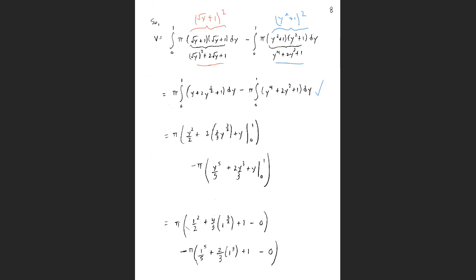Then this is just basic integration, stuff you learned in Calculus 1. You get your antiderivatives, substitute in 0 and 1, and work it out. Just be careful about what you're plugging in there. When I plug in 0 in the antiderivatives, I'm just going to get 0, so I put a 0 there and a 0 there.